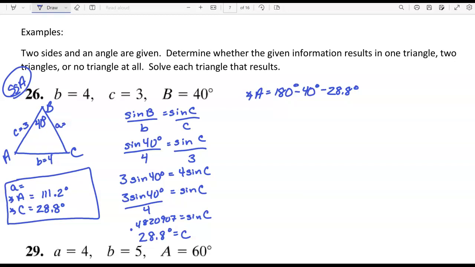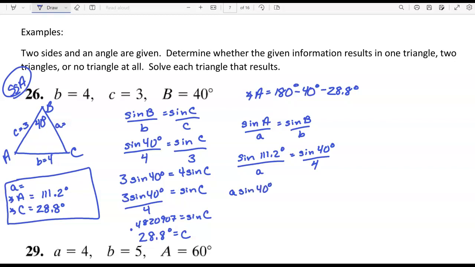And if that were the case, then we could figure out side A. So we would set up sine of A over A equals sine of B over B. So we have sine of A, which is 111.2, over A equals sine of B over B. Cross multiply, divide, and then compute that.